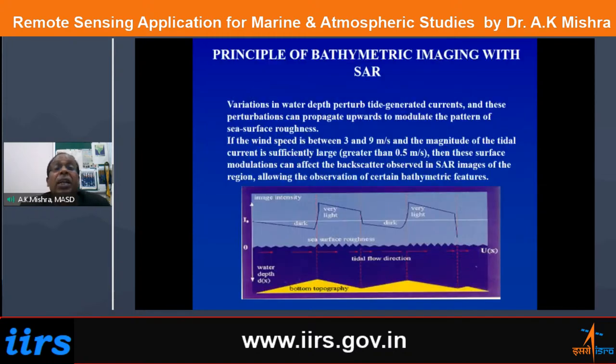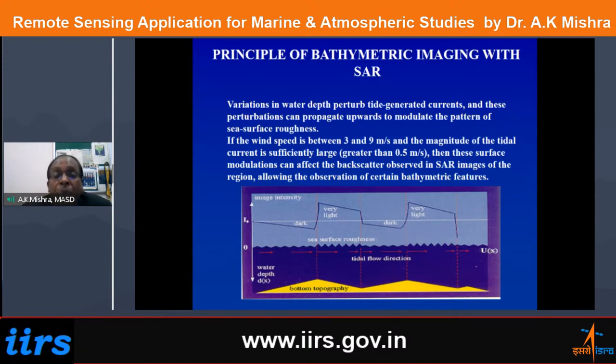Apart from that, you can also generate shallow water bathymetry, coastal bathymetry, using the SAR data. This is the simple principle: wherever the ocean surface currents are feeling the ocean bottom, the surface of the ocean will get compressed, and somewhere it is flattened.